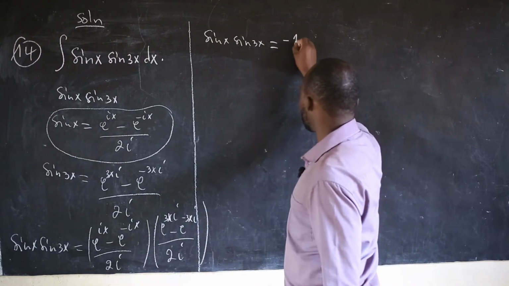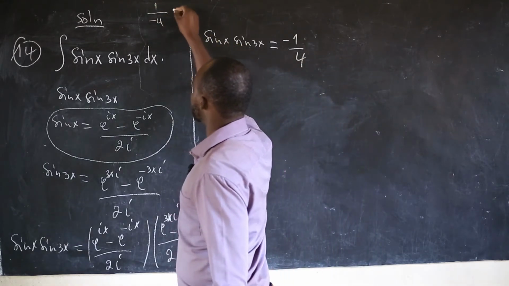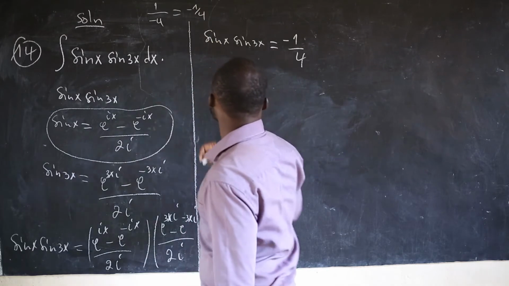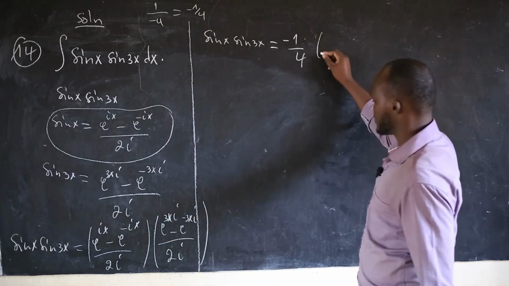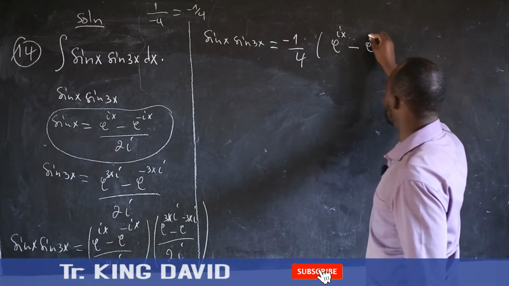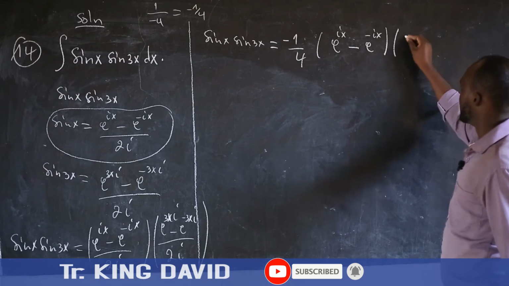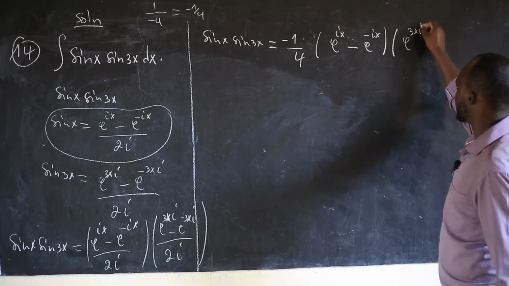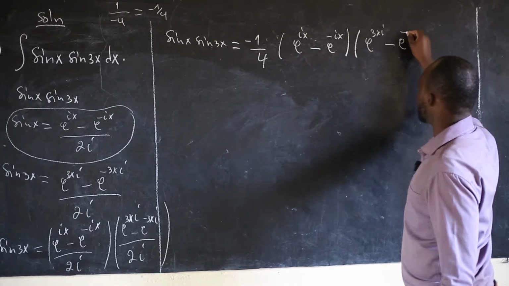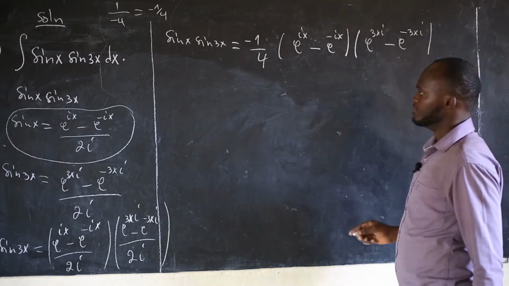It will be negative 1 over 4. You know, when you have like 1 over negative 4, it's the same as negative 1 over 4. Then into bracket, e power ix minus e power negative ix into bracket, e power 3xi minus e power negative 3xi. What we just do, we expand.